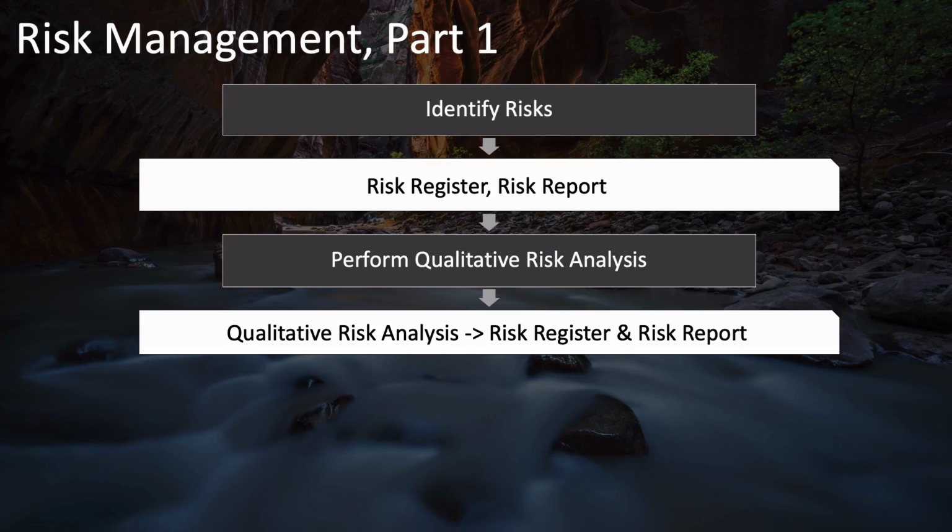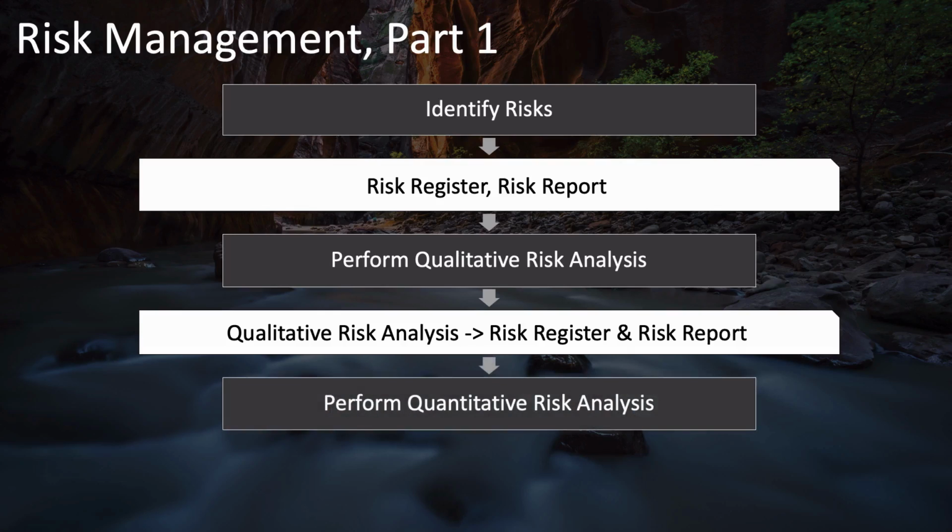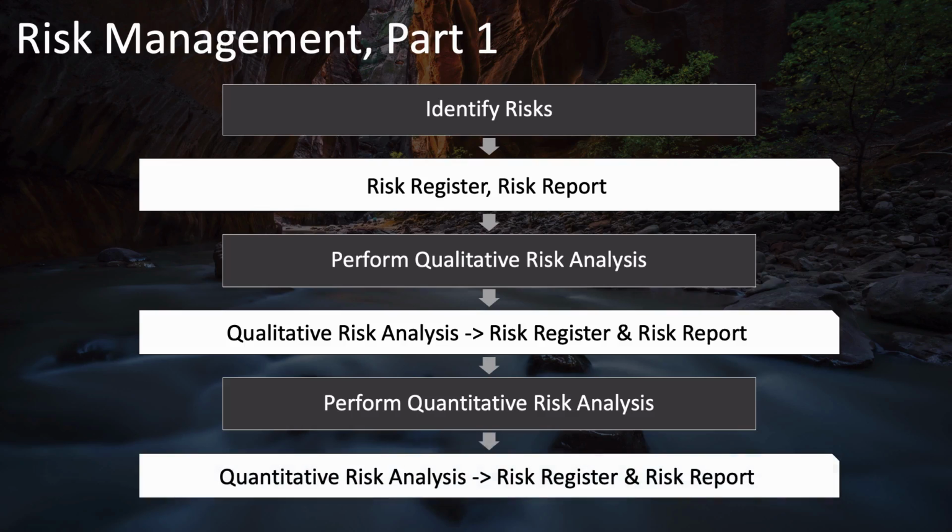This information is then input into the perform quantitative risk analysis process, which quantifies the risk of some of your highest priority risks that were identified as being high priority. The output is this quantitative risk analysis, which is then added to your risk register and risk report.